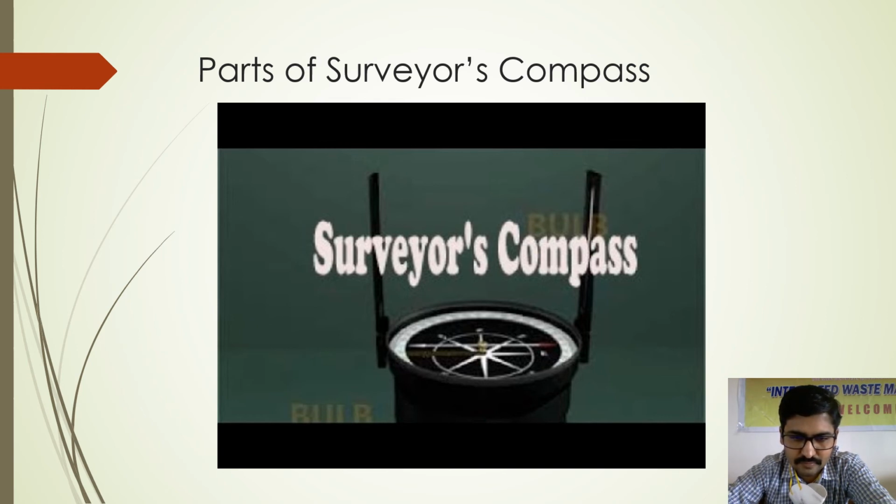Surveyor's compass. Let's see the function of different components in the surveyor's compass. The needle is of edge bar type. The needle acts as the index. The graduated ring and needle are free to move with respect to each other. The object vane consists of a metal vane with a vertical hand.